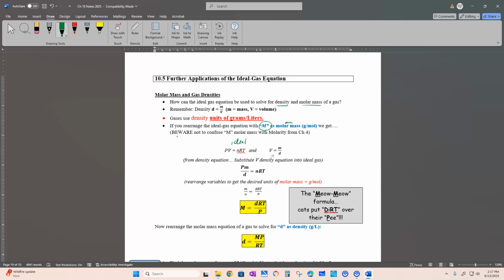So remember with volume, if I use my density equation, density is mass over volume. What if I cross multiply and I get volume as mass over density? I can substitute mass and density into where it says volume. So as you see right here, P, mass over density, nRT. Rearrange the variables to solve for molar mass.